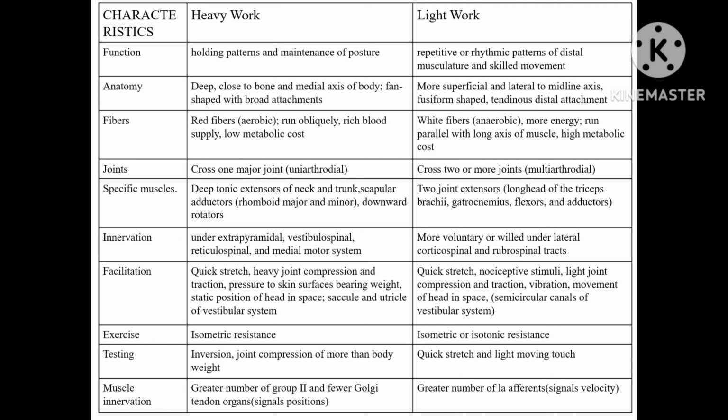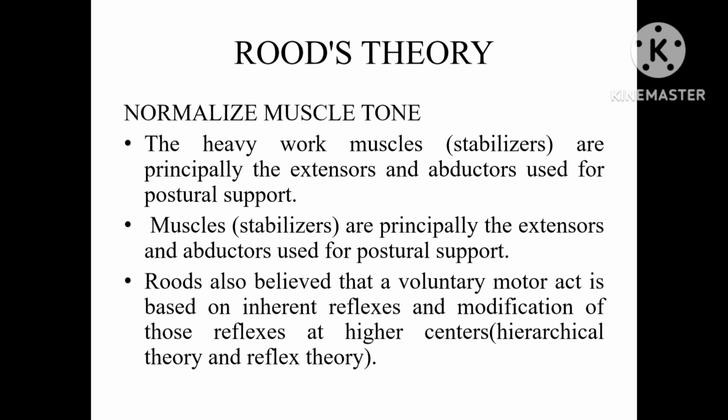The heavy muscles are innervated by the extrapyramidal, vestibulospinal, reticulospinal and the medial motor system, which suggests that tone is mainly regulated by motor output from the basal ganglia. The light muscles are more voluntary or willed, under the lateral corticospinal and rubrospinal tracts.